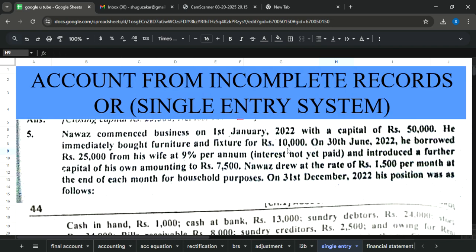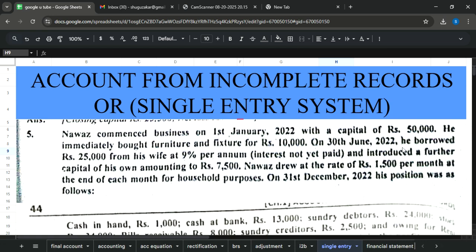After that, we have 30th June. Underline this date, this is very important. Look at here: you started your business on 1st January, while on 30th June 2022 you are borrowing a loan. It means 6 months were already gone.